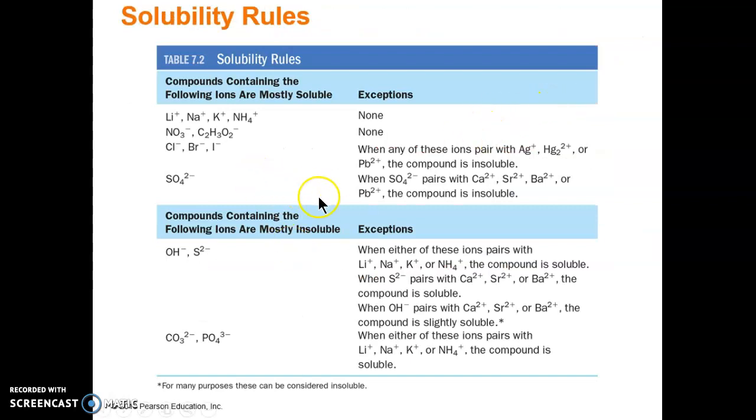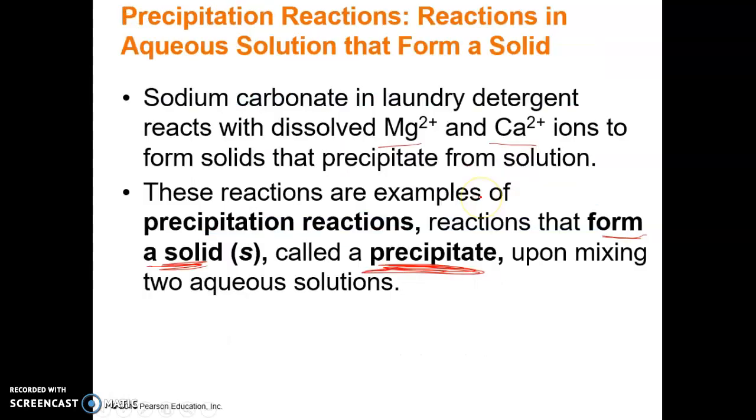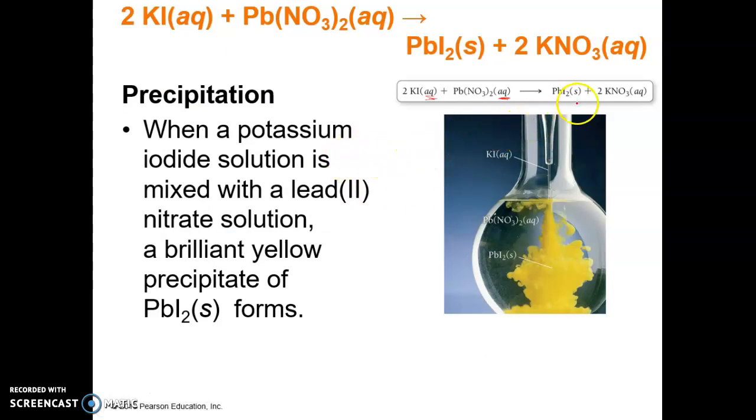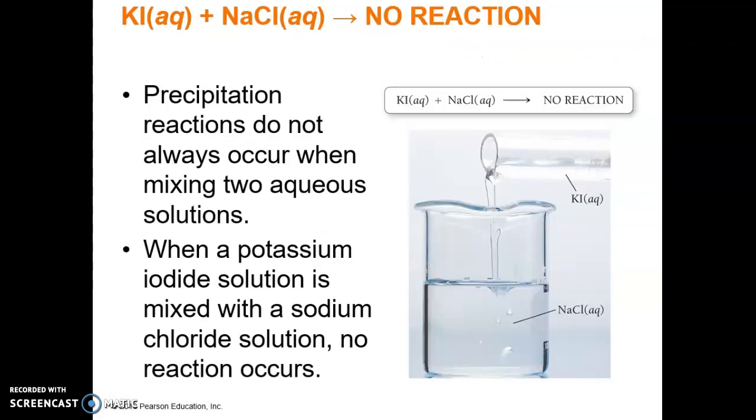We have our iodide, and it says when any of these are paired with silver, mercury, or lead 2, they are insoluble. Insoluble means that they are solid, and that means that a precipitate is formed. A precipitate can be like a chunk, or it can be something cloudy, but it's something solid in the solution.